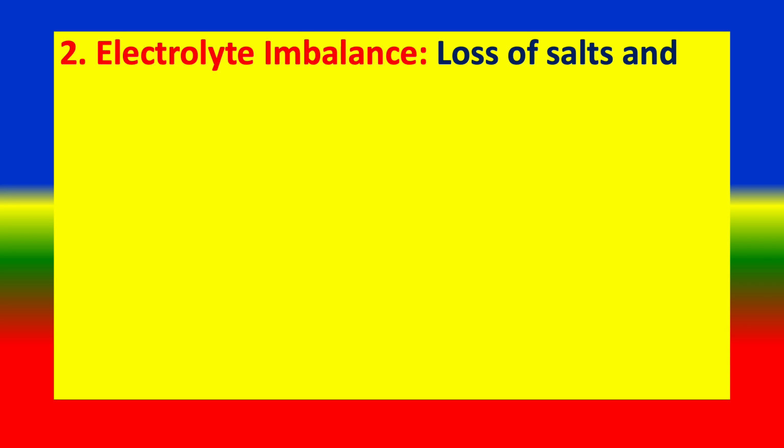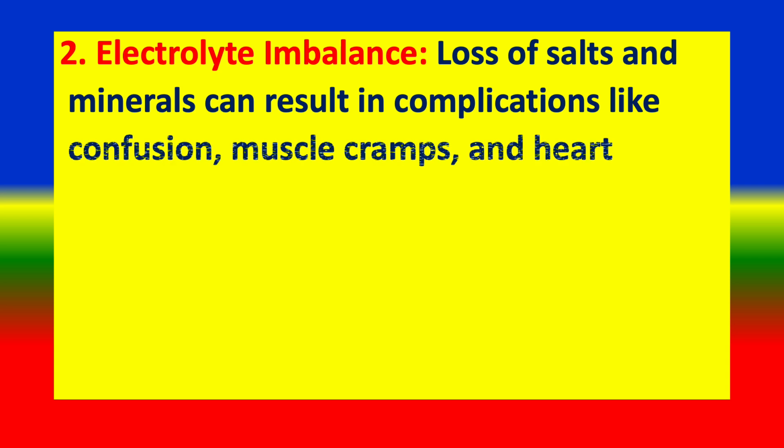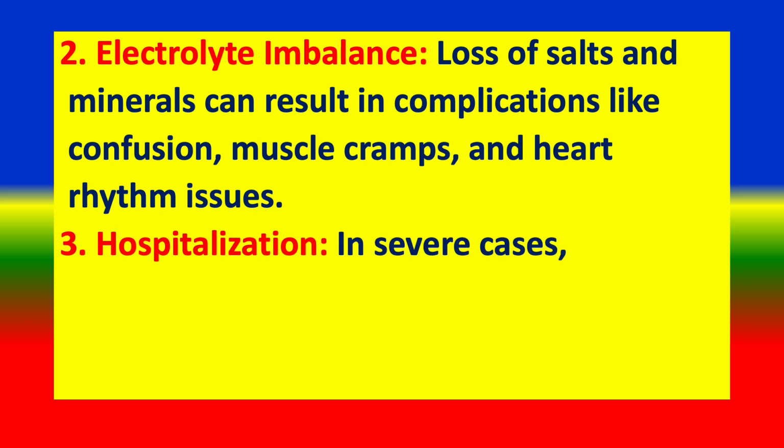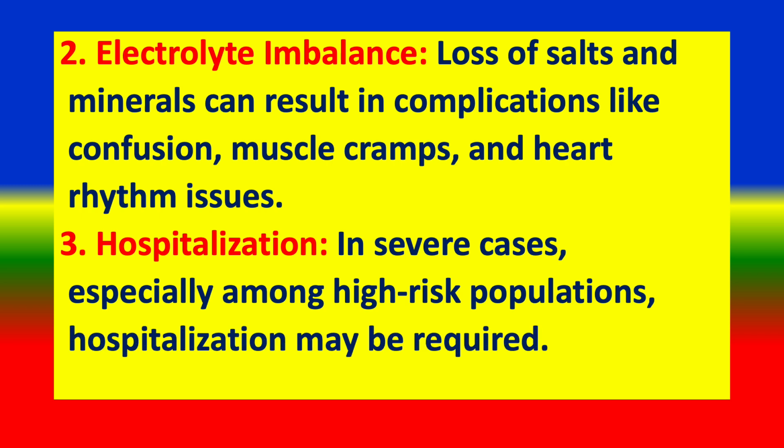Electrolyte imbalance. Loss of salts and minerals can result in complications like confusion, muscle cramps, and heart rhythm issues. 3. Hospitalization. In severe cases, especially among high risk populations, hospitalization may be required.